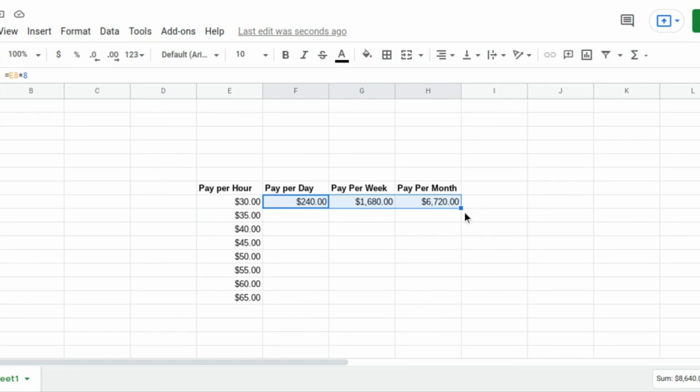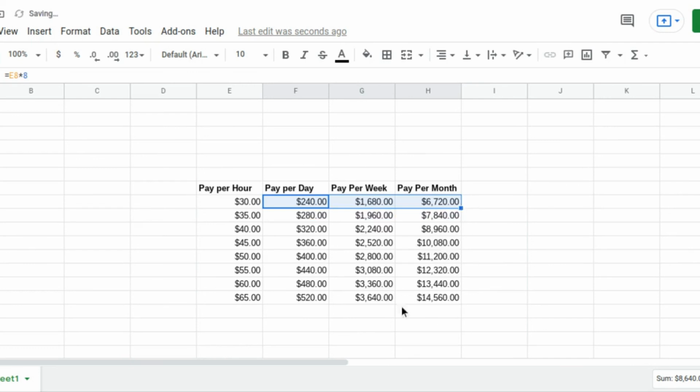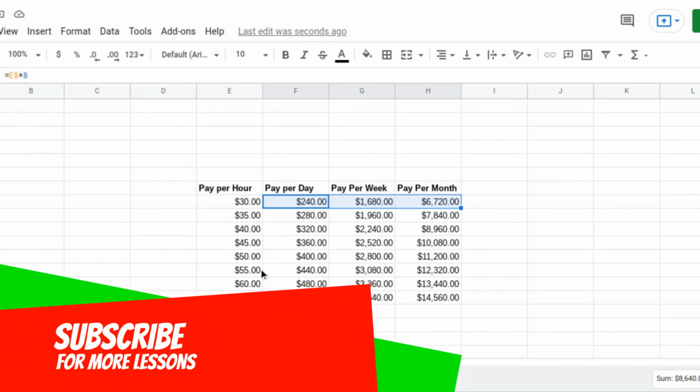So what we can do is double click on the bottom of this cell, and look what happens. We have an entire range filled with formulas, so that a person who makes $65 an hour will bring home, well, actually, they probably wouldn't bring it home, but they would make a gross amount of $520 per day.